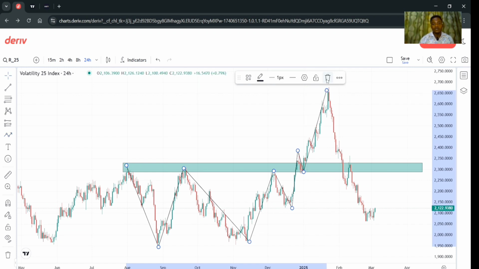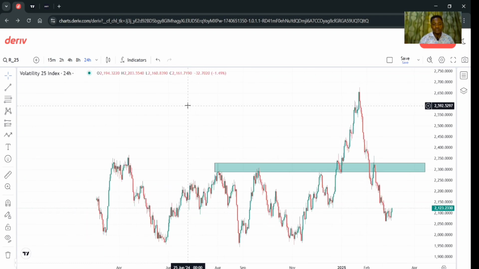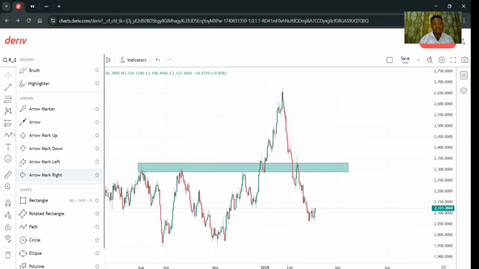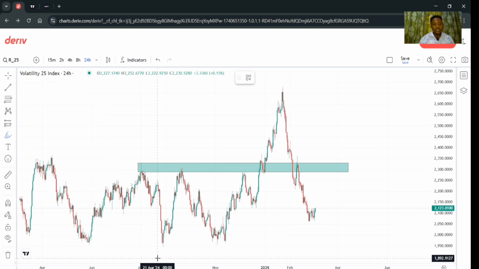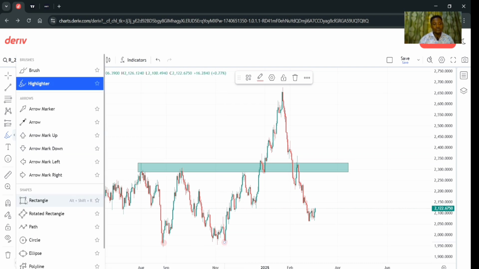You understand? So if you also want to know your support level, or you want to draw the level, just try to zoom out a little bit. For me, I can easily spot these levels. The market touches here, and also here. So what are you going to do?